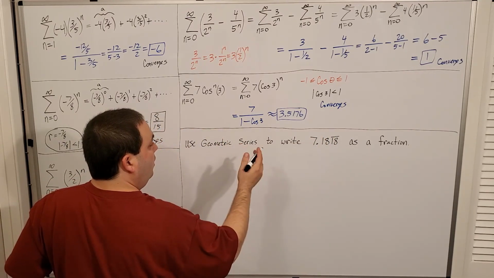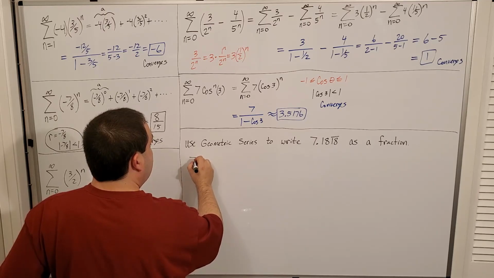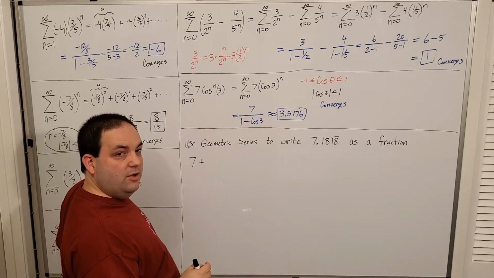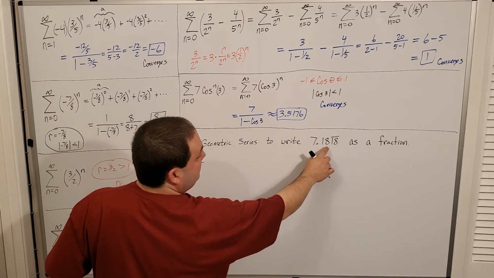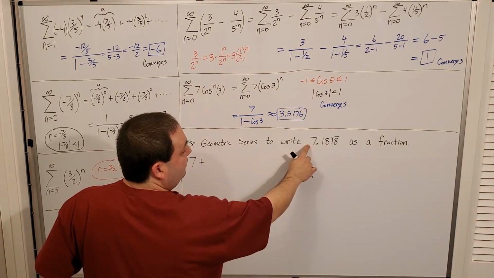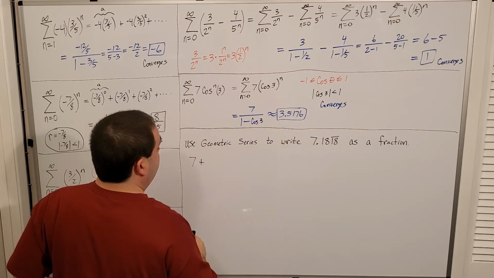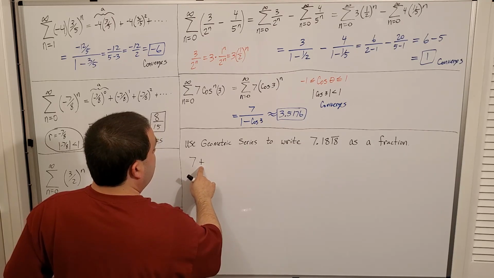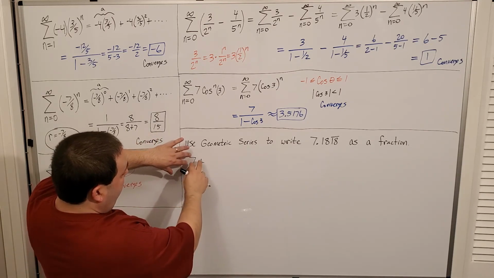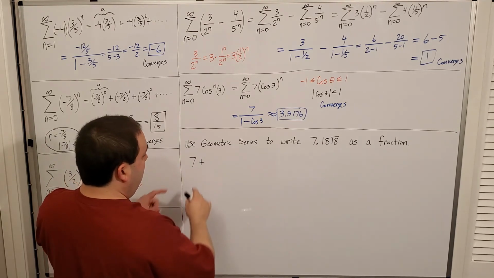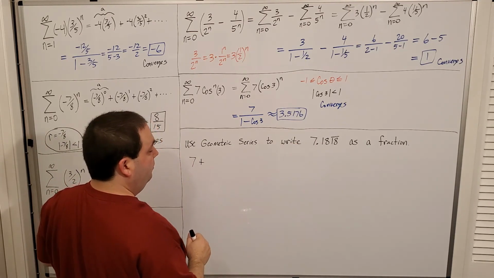Now I'm going to say that it's 7 plus. The 7 itself is not part of the series, because the 7 is not part of that pattern. If this had been 18, then I could have included it in the pattern, but it's not. So it's going to be 7 plus, and I'm just going to carry the 7, it's not part of the geometric series, but it's technically part of the value.